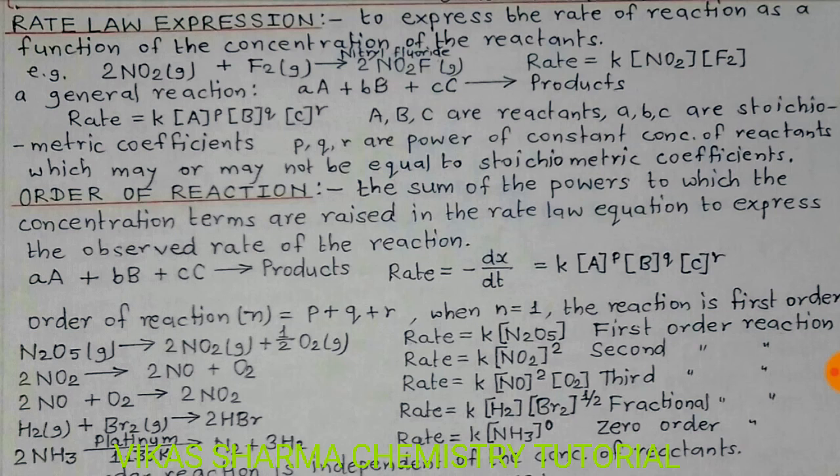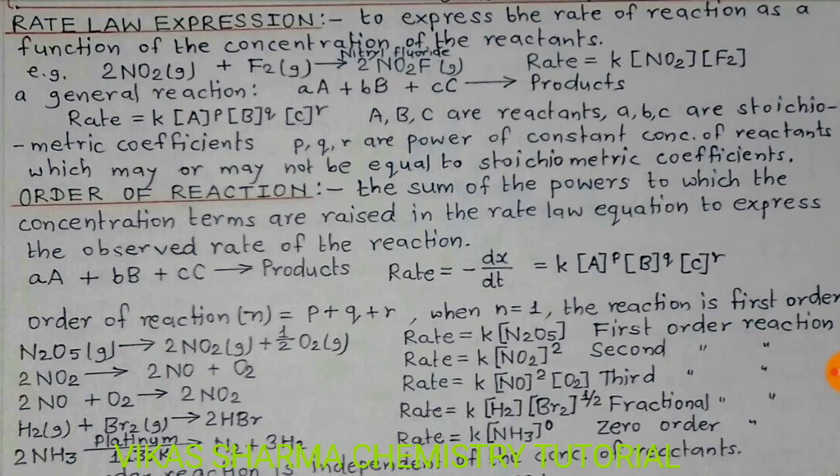The rate of reaction is k[H2] with power 1 and [Br2] with power 1/2, so the order is 1 and 1 upon 2. It is a fractional order reaction, because hydrogen gives 2 atoms and bromine is in molecular form, but only 1 atom is taken. So this type of reaction is known as a fractional order reaction.